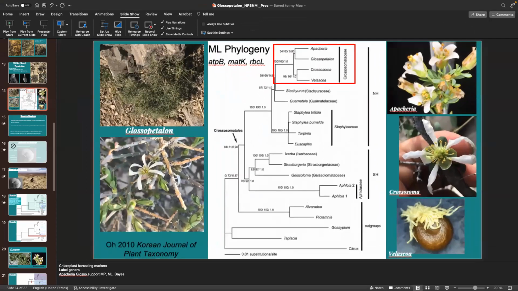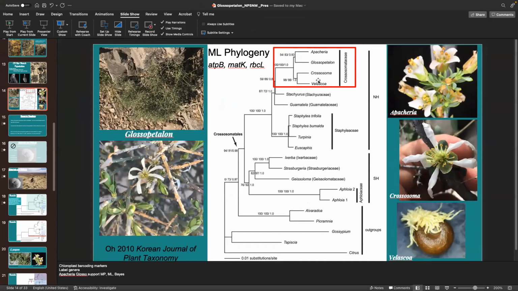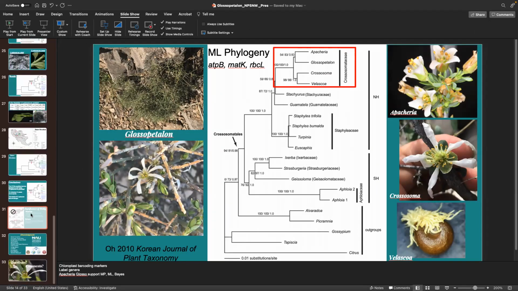Okay, so here's the Crossosomataceae, Stachyuraceae. Oh goodness, I forgot if that's in. I can't remember where this is exactly. And then I know this family is endemic to Guatemala. And a lot of the families actually are found in Asia.